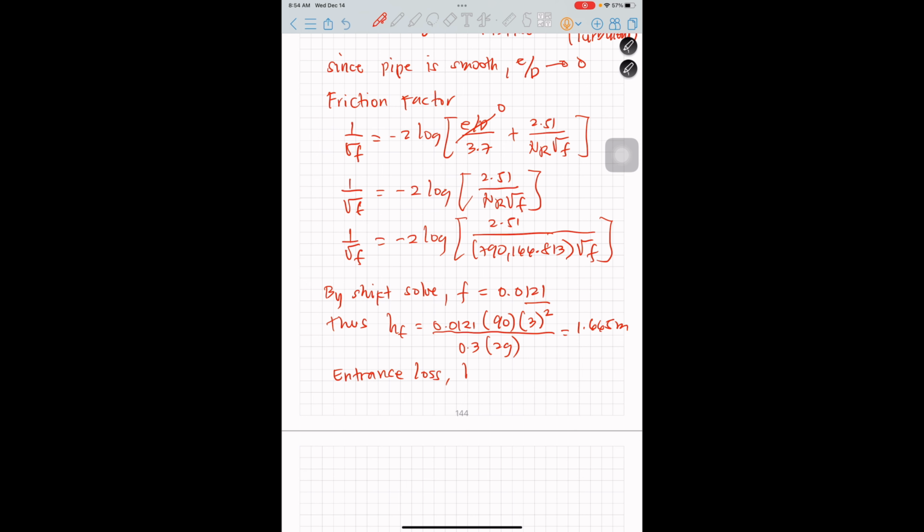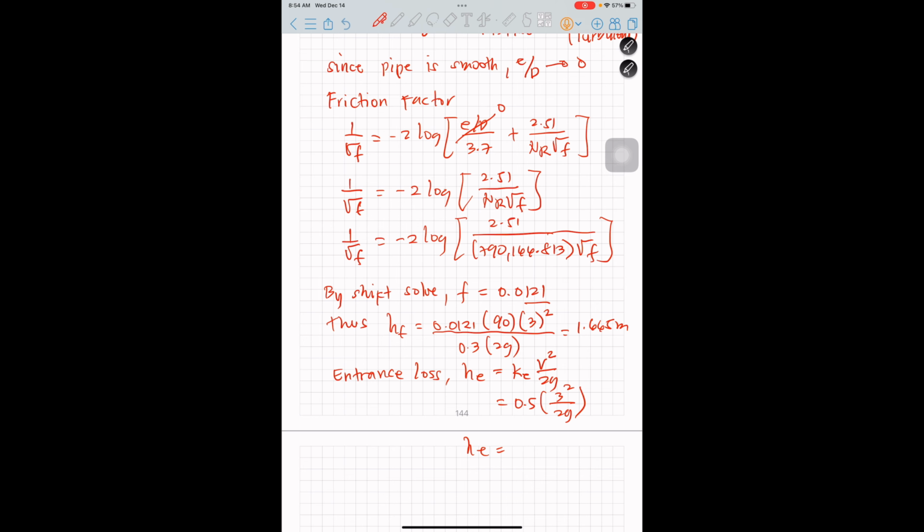For the entrance loss, this is your HE. This is equal to the coefficient loss at the entrance times the velocity head. Our entrance is flush, so it is equal to 0.5 times the velocity, 3 squared divided by 2G.